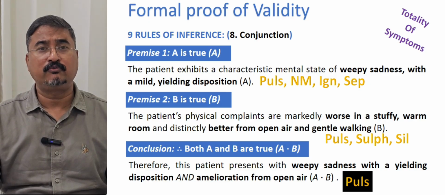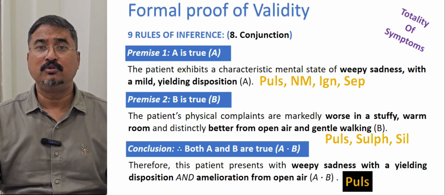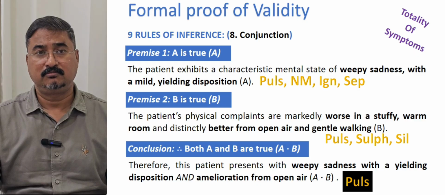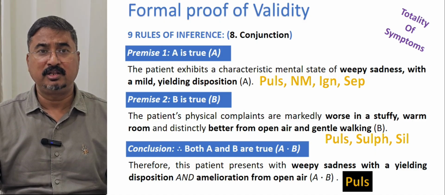By applying the rule of conjunction, these independent observations are combined into one unified symptom picture, or the totality of symptoms. When both rubrics are repertorized together, the list of possible remedies becomes much smaller, and Pulsatilla nigricans emerges as the remedy that most closely matches the complete symptom picture.